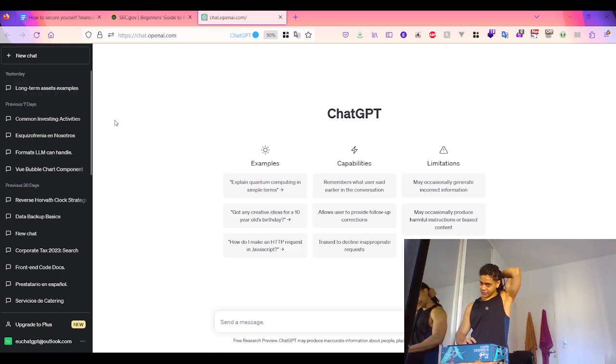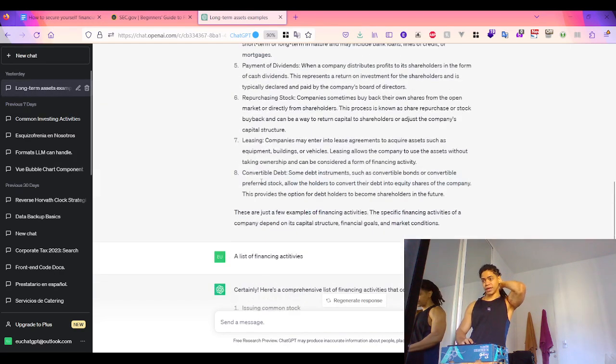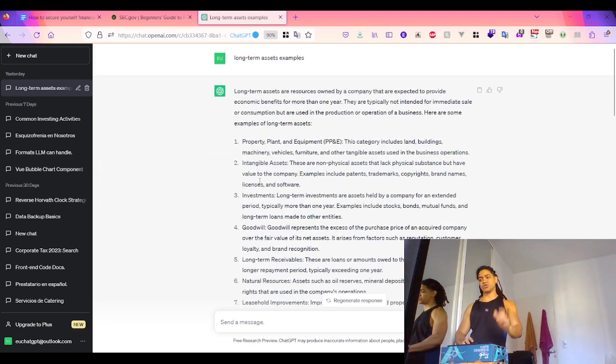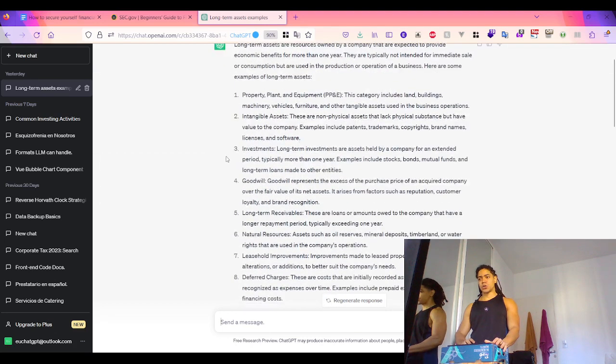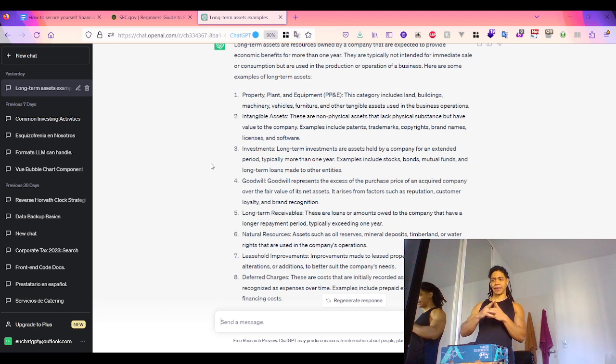So when I ask here for examples of long-term assets, it provides me a huge number of examples, right? Broadly speaking, we have property, plant, and equipment, and intangible assets, whether it is patents, trademarks, copyrights, trade secrets, goodwill, customer loyalty.